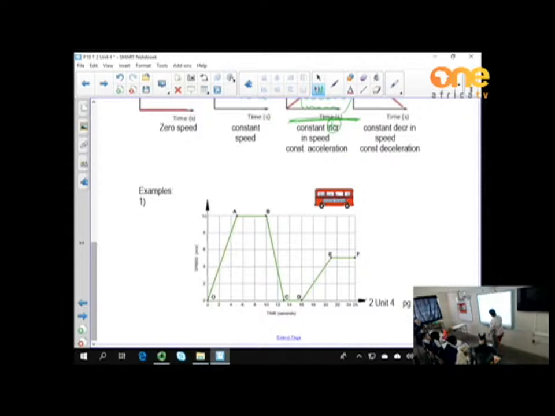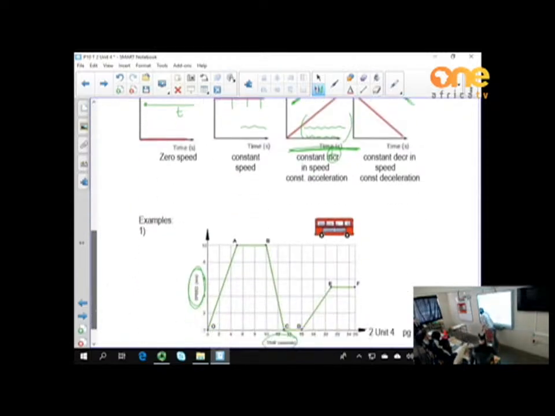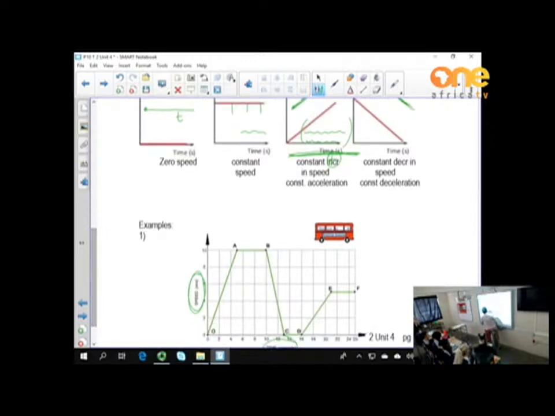Well, we need to know, okay, I have a speed time graph. Here are my speed time graphs. If my speed time graph looks like that, my speed is 0. If it looks like that, I have constant speed. And if there's a gradient, I'm accelerating. So let's go back to the diagram over there. What have I got over here? Yes, it's that one.